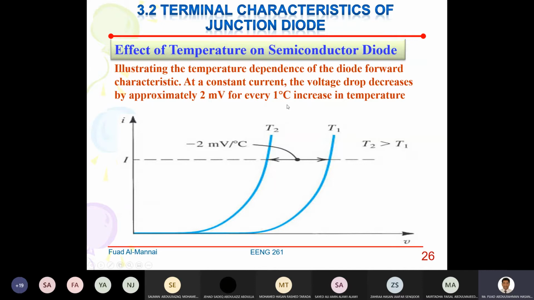So if the temperature increases from 25 to 26, then the voltage here will be shifted to the left, and instead of 0.7 it will probably be lower. As you increase the temperature, the graph will be shifted to the left.